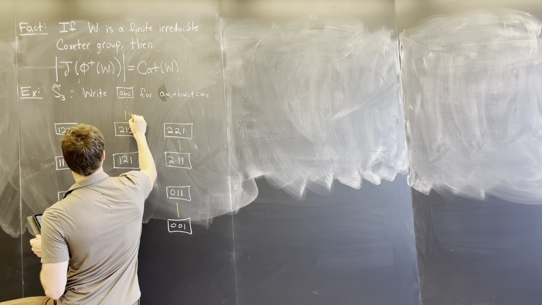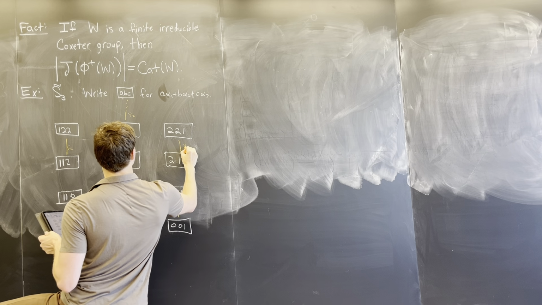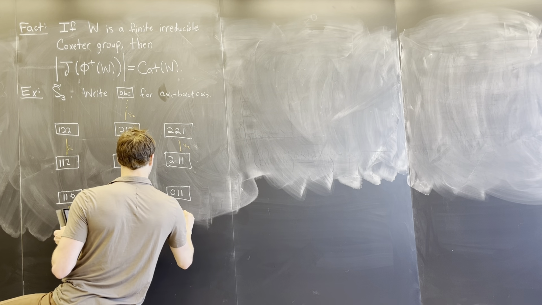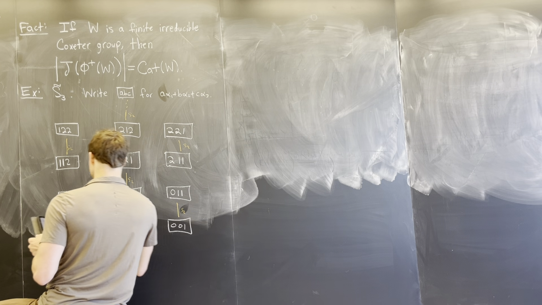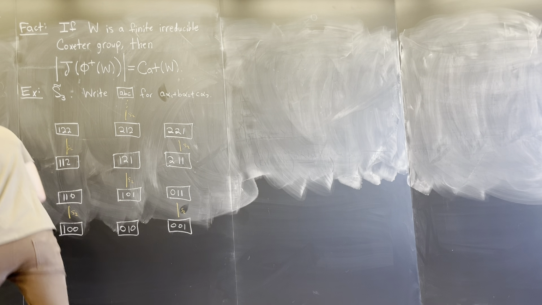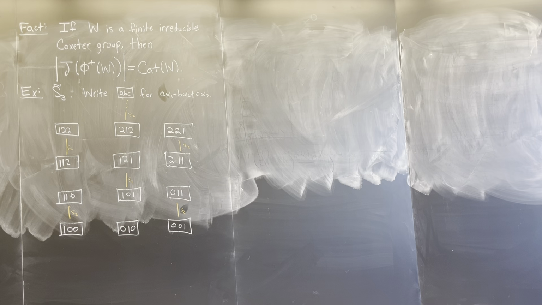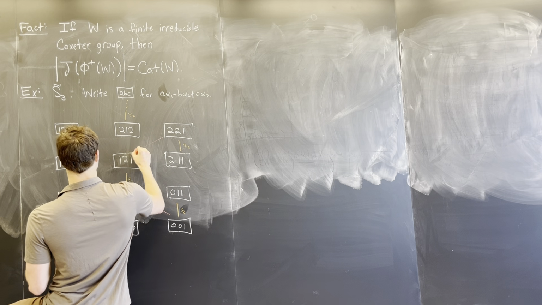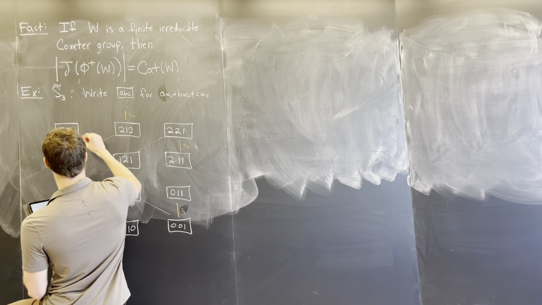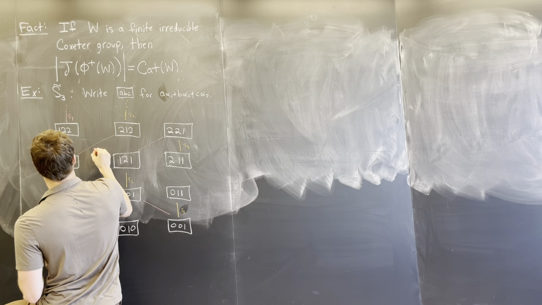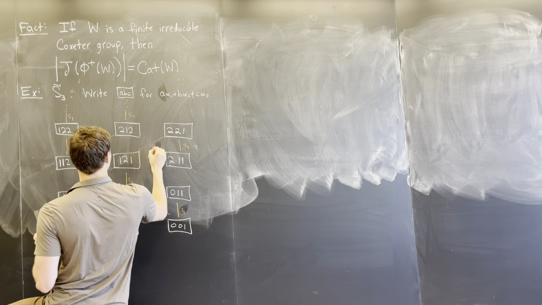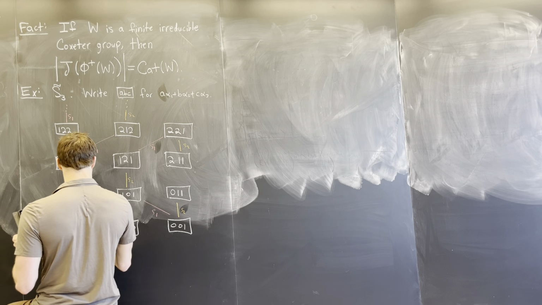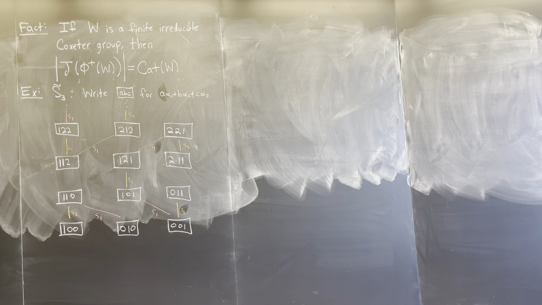So these are all s2, and there are edges for s1, and then for s3.